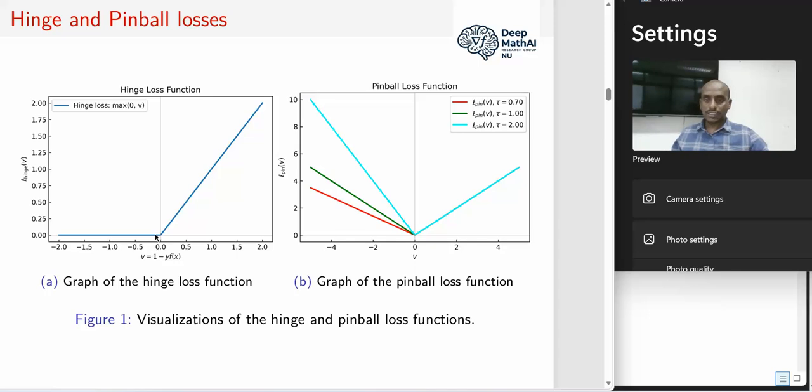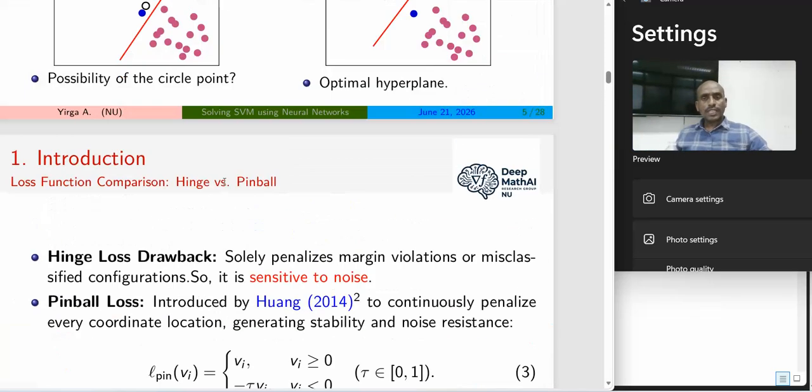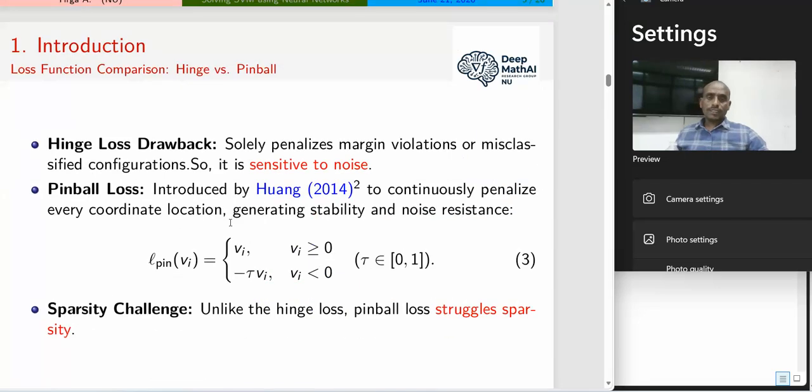If you see the figure, the points to the left of this Vi, the margin violation, are not penalized, which means the loss is 0 to the left of Vi. It only penalizes the data points which are very close to the boundary.